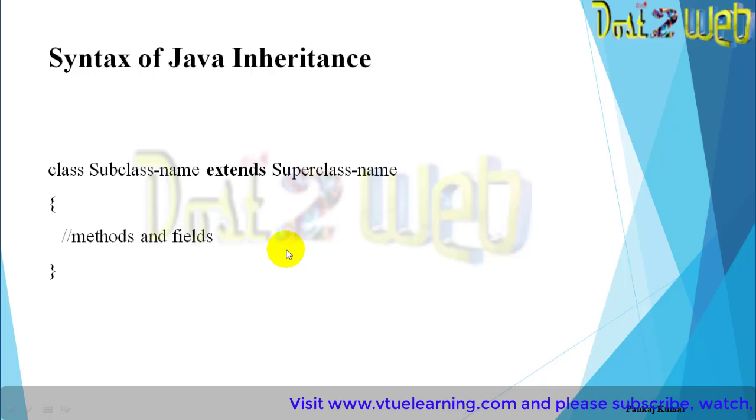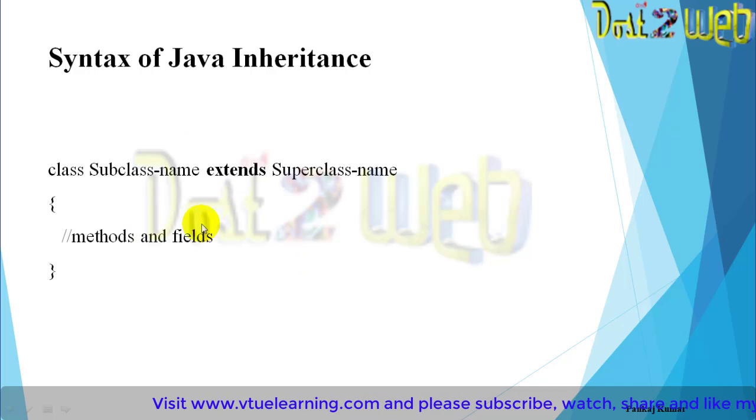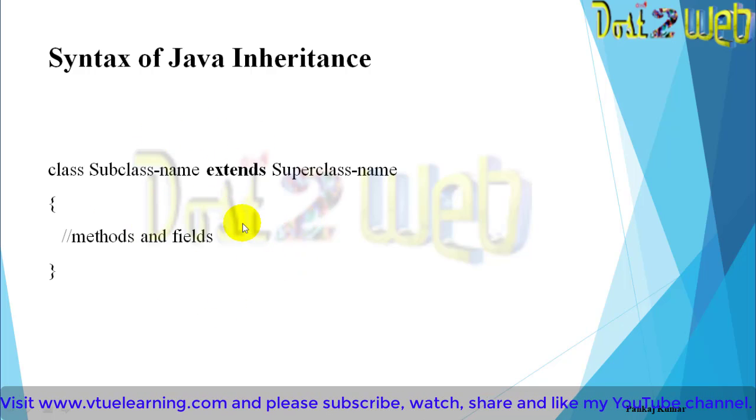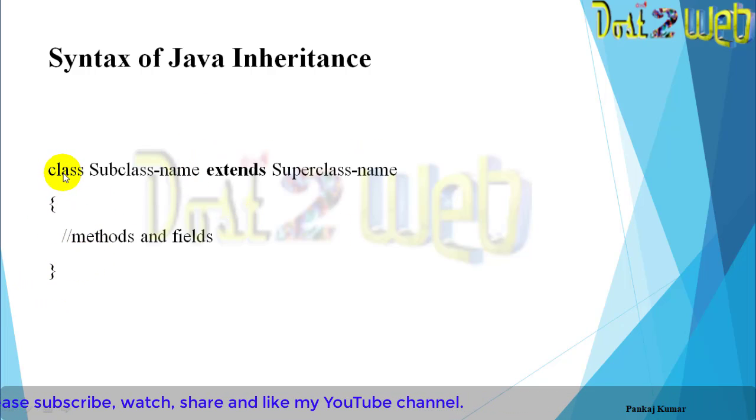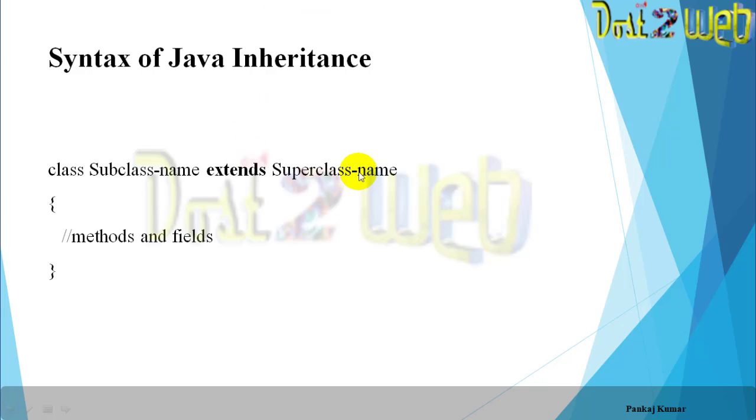If you are not writing this syntax, then your marks will get reduced. Then give a small example, like class B extends A, with some method and field. That's all, that is the example. Then after that, write the types of inheritance; for every type you have to draw the diagram and then write the example.